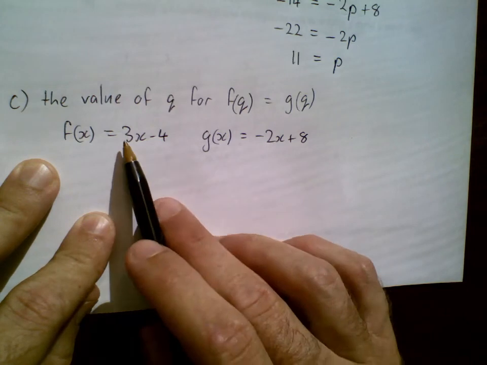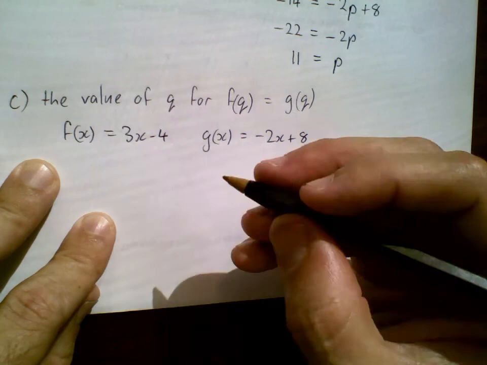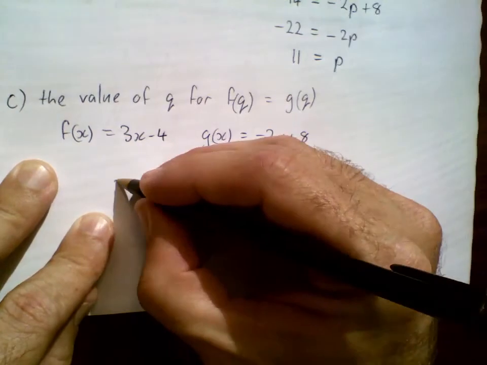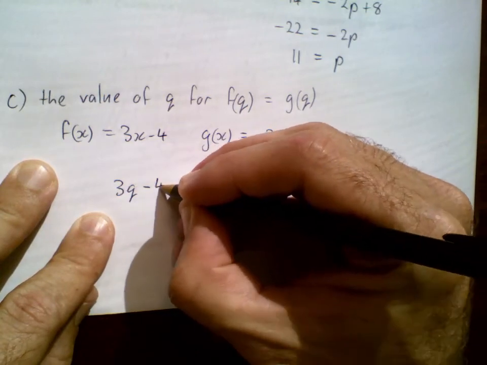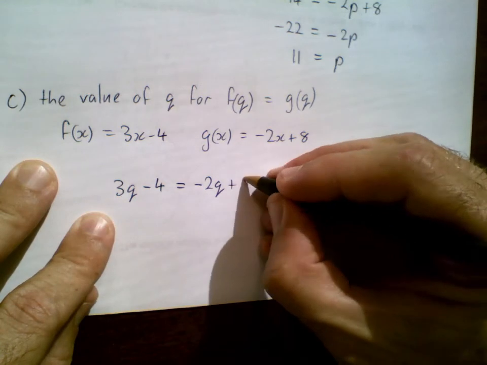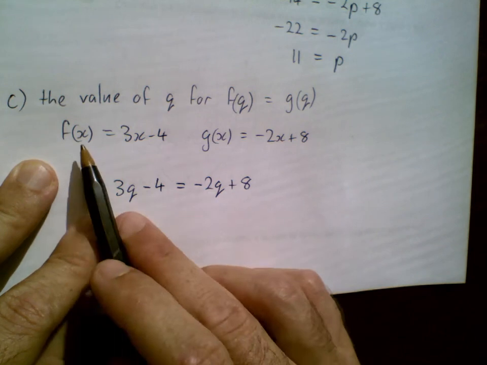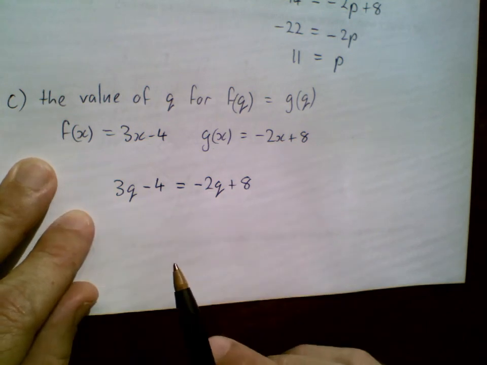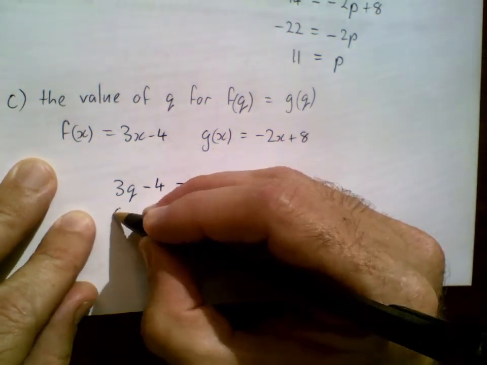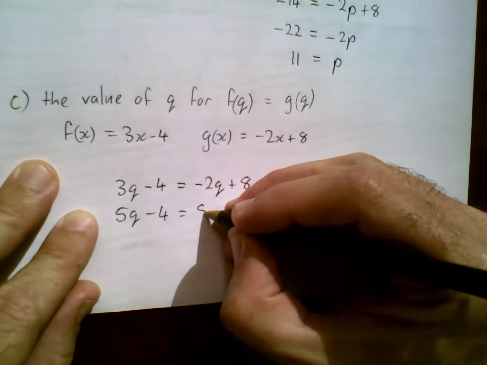So what we can say is just make this part of f of x equal to this part of g of x, and instead of using x as my pronumeral, I'm going to use q. So we've got 3q take 4 is equal to negative 2q plus 8. In other words, at this point, this function will be equal to this function. We can now solve this. If we add 2q to both sides, we end up with 5q take 4 equals 8.